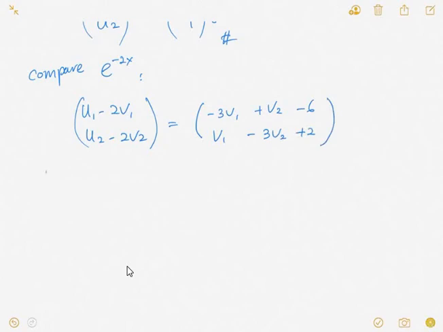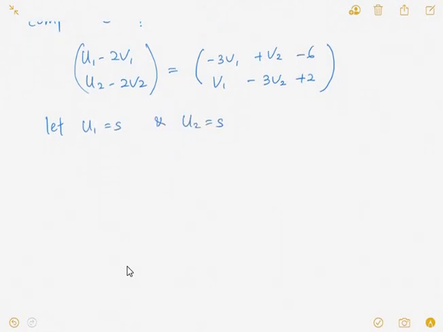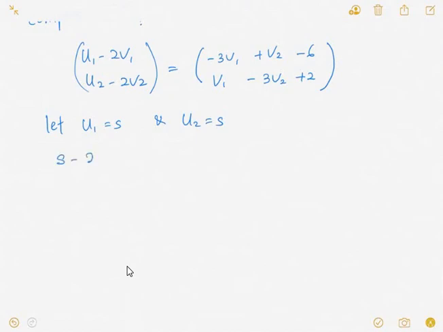Then you assume u1 equal to s and u2 equal to s also. So s minus 2v1 and s minus 2v2 equal to, okay, substitute the value. Negative 3v1 plus v2 minus 6, v1 minus 3v2 plus 2.